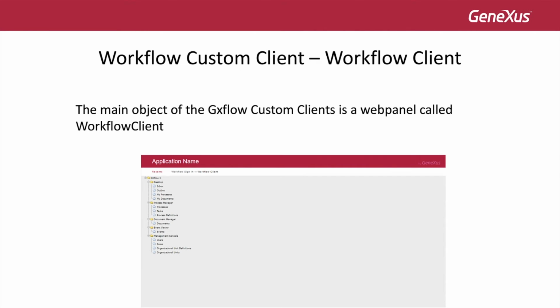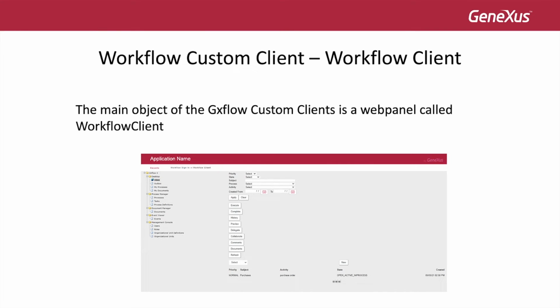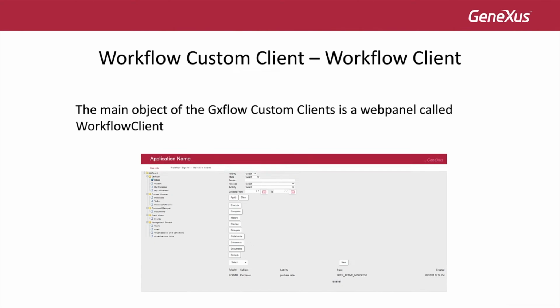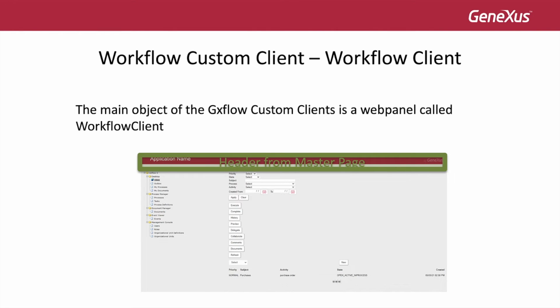The main object of the GXflow Custom Client is a web panel called GXflow Client, as we have seen during the execution. If we click the inbox link, it is going to appear in the right part of the web panel, in the GXflow inbox code. This page, the GXflow Client, has three parts. The first is the header, which is taken from the master page of the web panel.